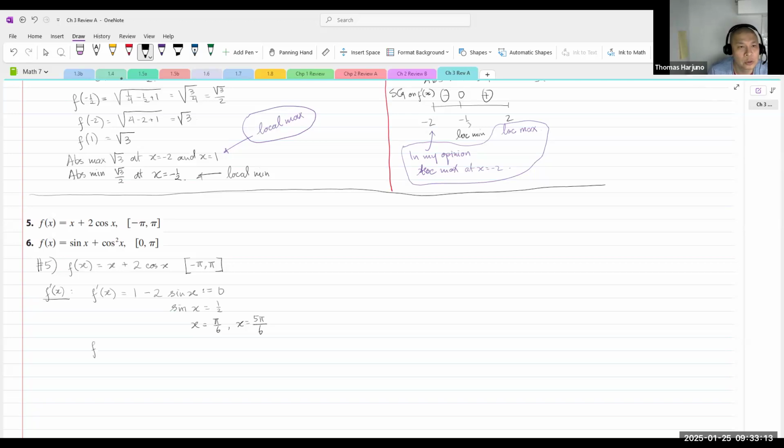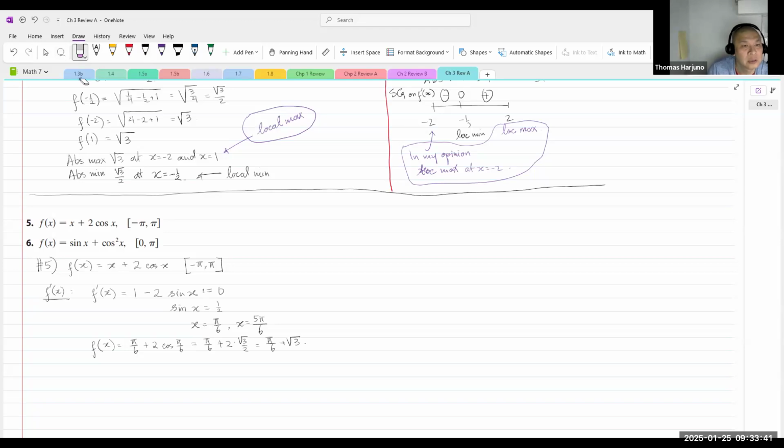Let's compute f(x). That's pi over 6 plus 2 cosine pi over 6. I think I need to settle with pi and some ugly numbers, plus 2 square root of 3 over 2. So pi over 6 plus radical 3.